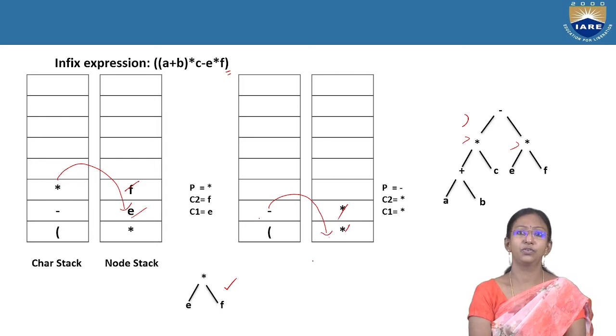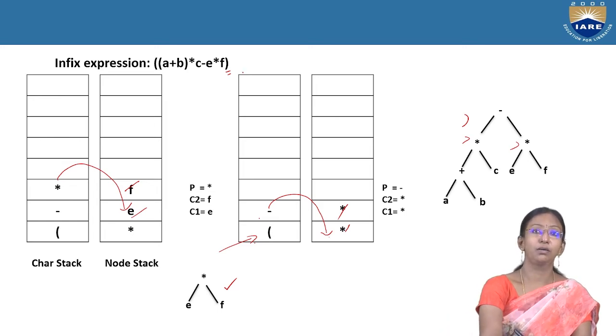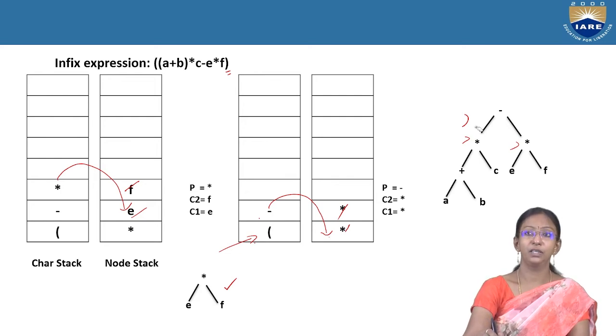As it is the end of the string, and you can see that on top of the character stack is an opening bracket which pairs with the closing bracket we encountered as the last token in our infix expression, there ends the process of converting a given infix expression into an expression tree. So for the given infix expression, the expression tree will be like this.